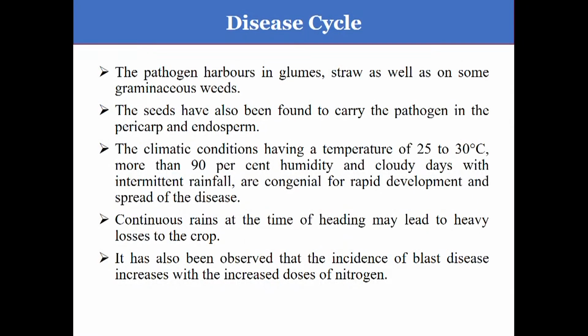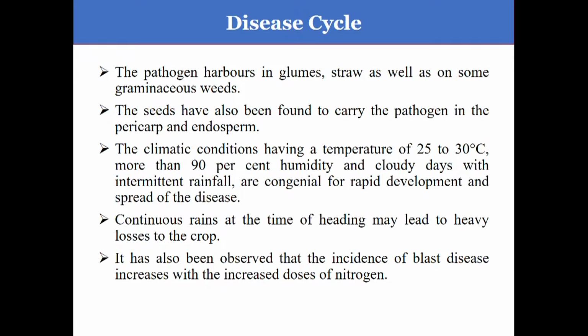Now about the disease cycle. The pathogen harbors in glumes, straw, as well as in some graminaceous weeds. The seeds have also been found to carry the pathogen in the pericarp as well as in the endosperm.